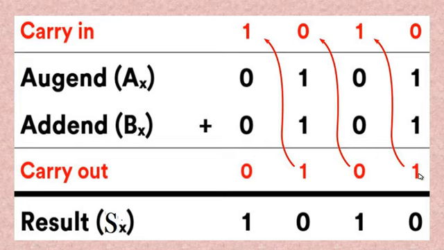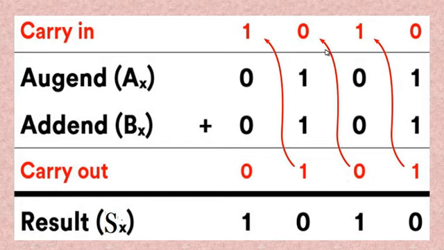But this 1 is carry out and this 0 is sum. So this 0 is written here and this carry out is next added to the second LSB. Therefore here carry in is taken. This 1 plus 0 is equal to 1. No carry generation, therefore carry out is 0.